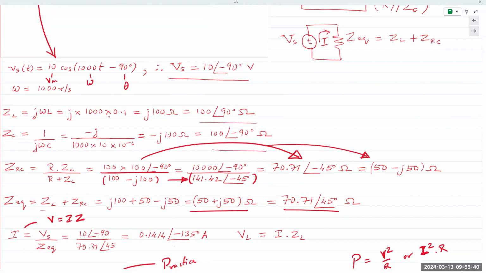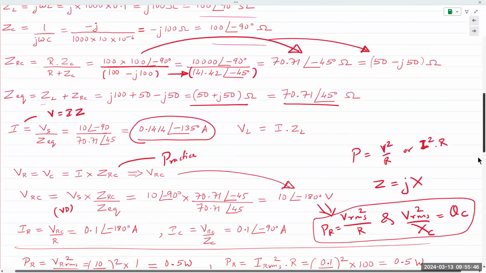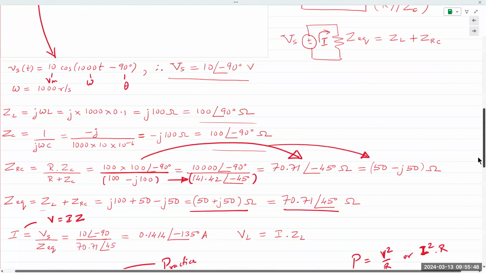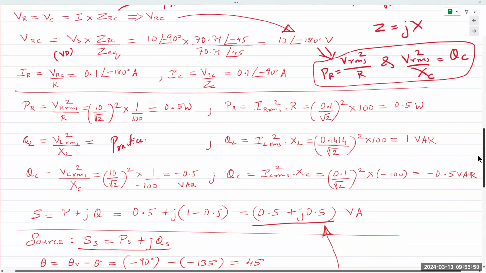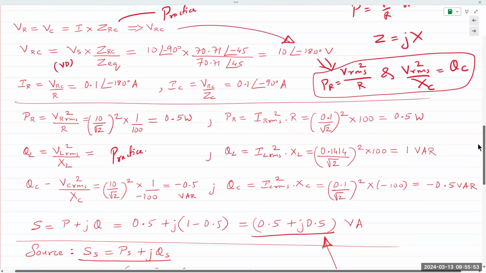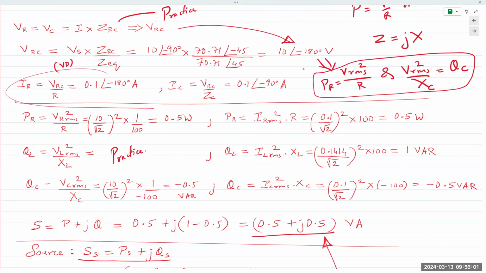Once you find the total current I, you can find the current for the capacitor and the resistor, or you can find the voltage. We found VR. VR is the same as VC or VRC. Then we found the current for the resistor and the capacitor. Then we applied our equations, I squared RMS times X, and I squared RMS times R.